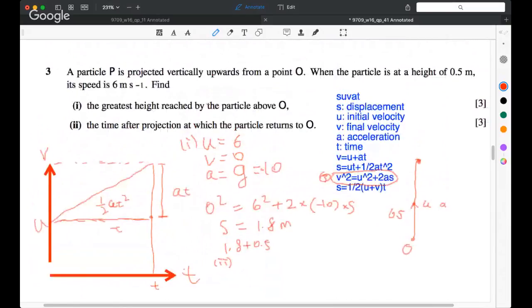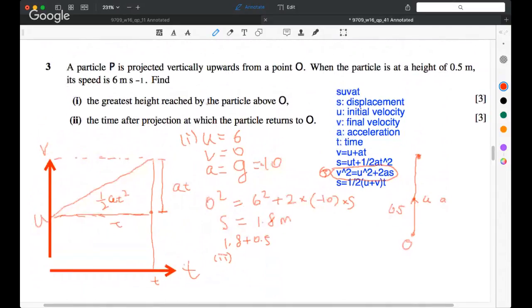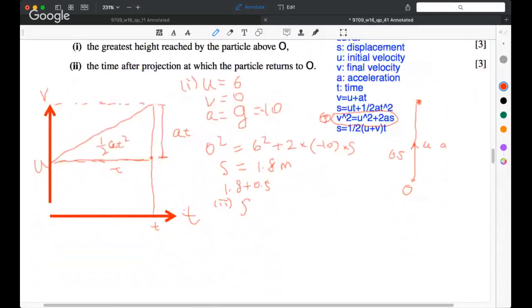Because of this symmetry, we can use s equals ut plus 0.5 gt squared. s is just the distance between the greatest height and point O, which we worked out before as 1.8.